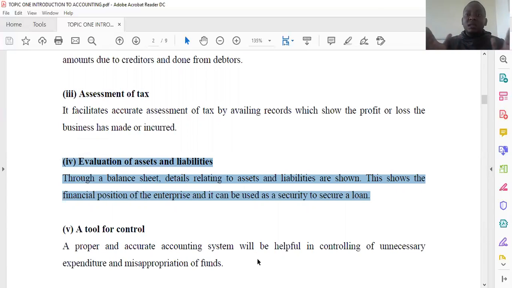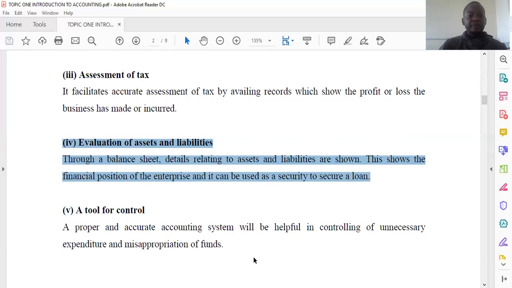Through the balance sheet, you're able to tell that this business has this worth of assets and it owes this much in liabilities. So evaluation of assets and liabilities is also another objective of accounting.